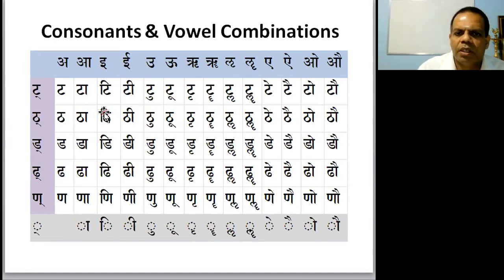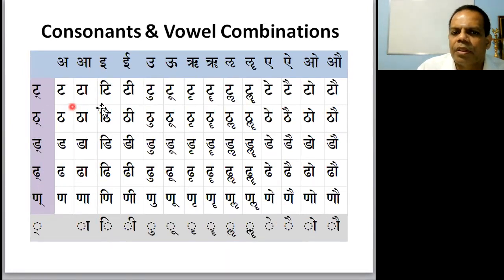But I thought I will just give some samples so that it's not too boring, just repeating the letters. I'm just going to go over these 5 consonants in the ta varga, which is the cerebral. Let me go over them and you can follow along.